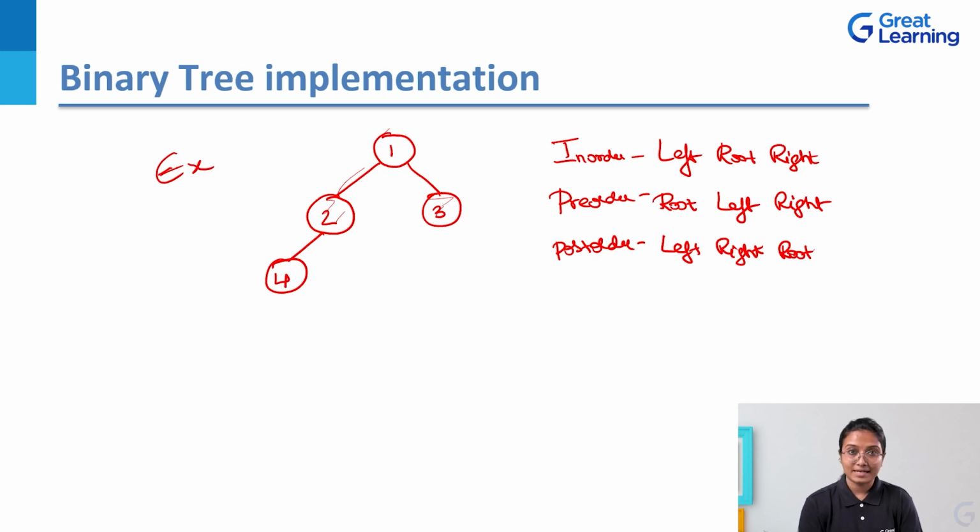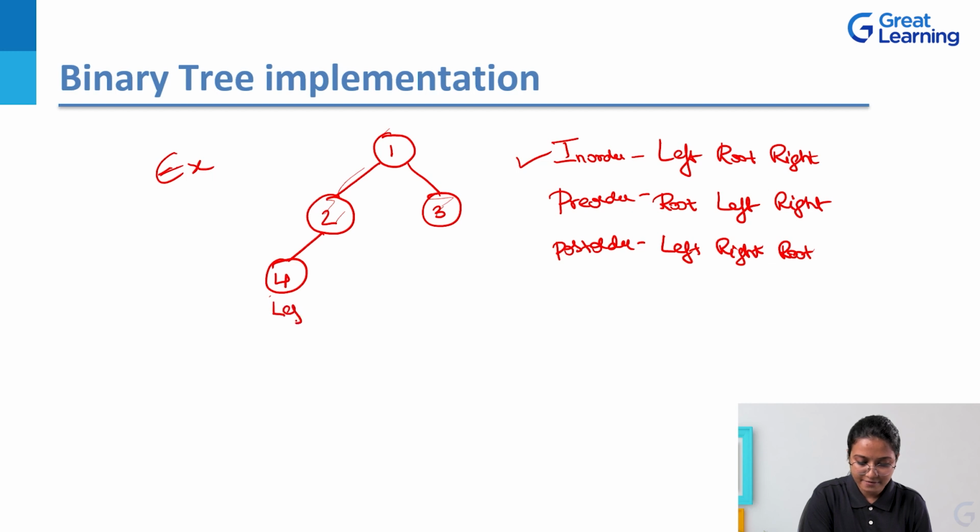So let's quickly start with in order, right? In order says we have to visit the left first, then go towards the root, and then come back to the right. So I'm implementing the same. Here, what is the leftmost node we have for this particular example? That is 4, if you could see, right?